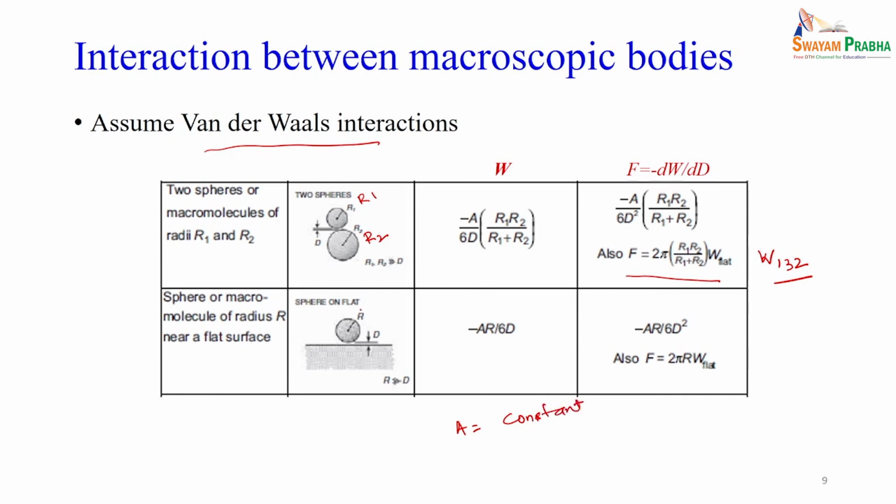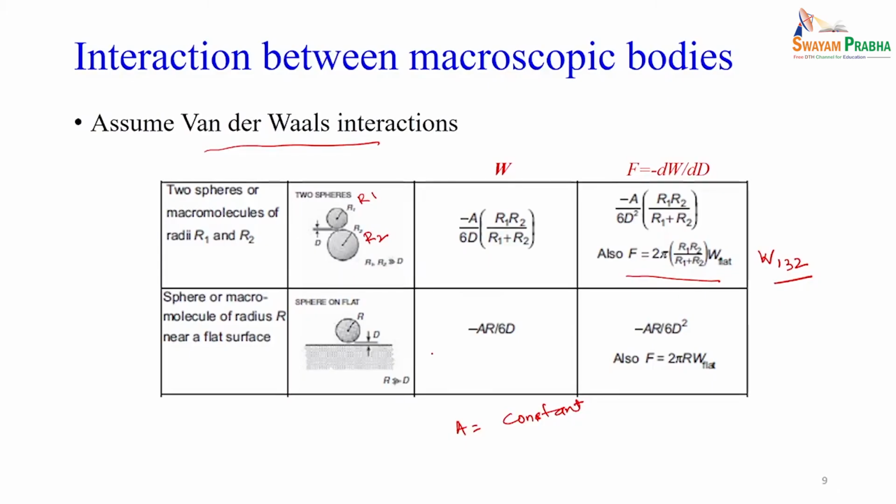Now, if you are considering a sphere on a solid surface, where we have a flat surface and a spherical macromolecule is interacting with it, and the distance between them is d, the energy will be minus A r upon 6 d, and similarly the force will be minus A r upon 6 d square.